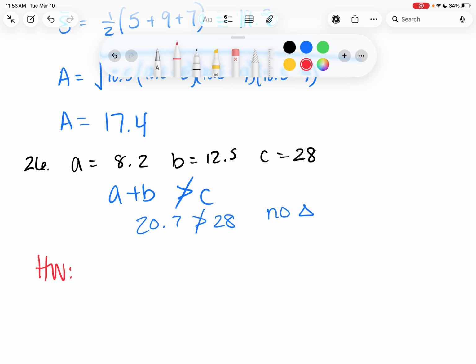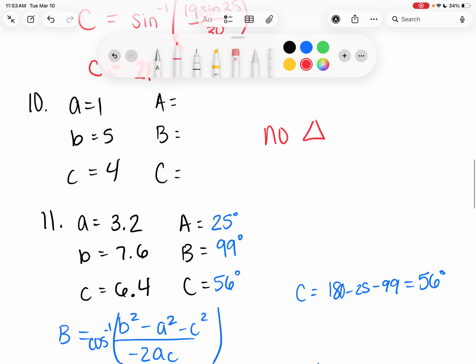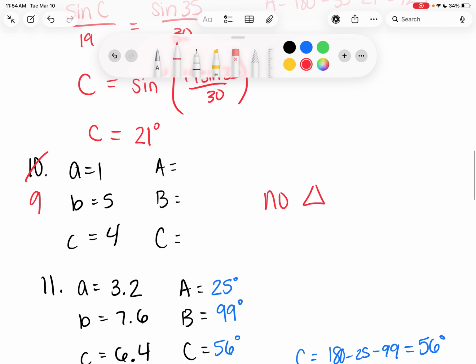We still have time to go into the computer lab. Hold on. I just realized this was 9 right here.